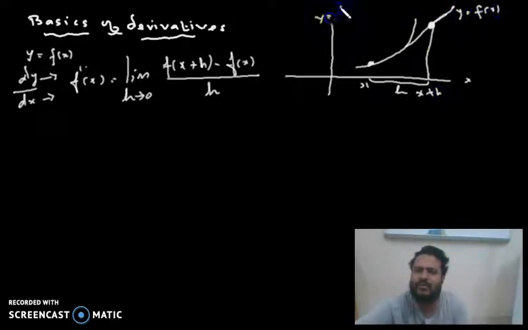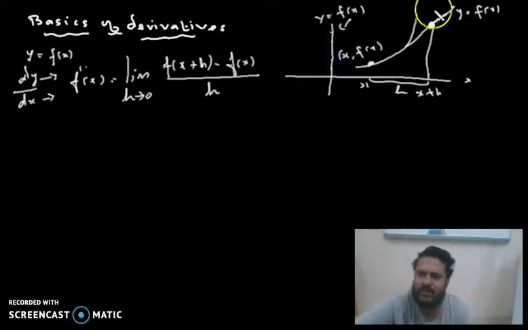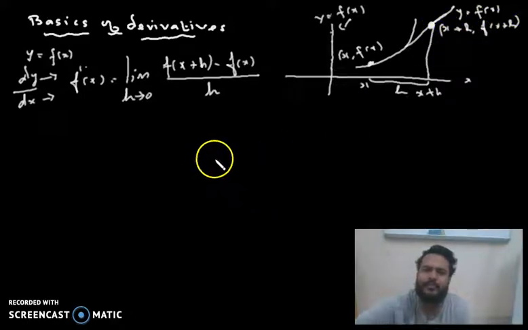Here we are going to plot the f of x values also, on the y-axis. This is x comma f of x, and this is x plus h comma f of x plus h.